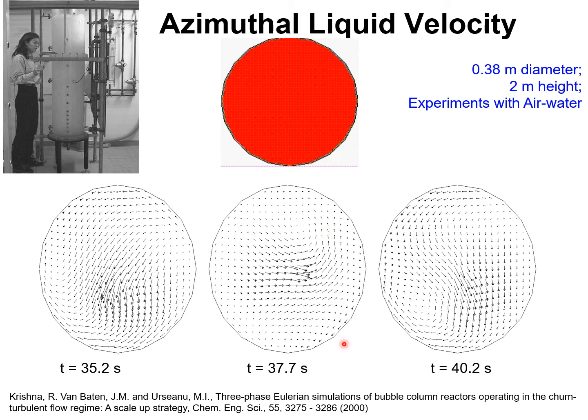Indeed, when looking at the experimental column, we did not quite appreciate the switch in the flow directions. And only after the 3D Eulerian simulation results were available did we go to the top of the column to observe that indeed the flow directions change periodically with progression of time.